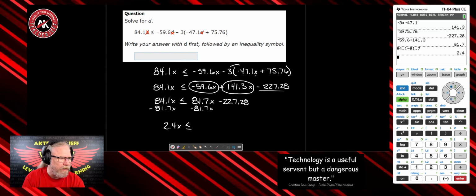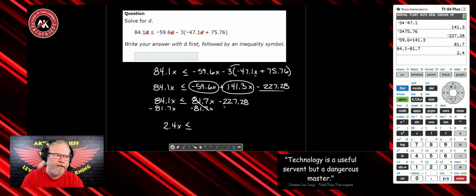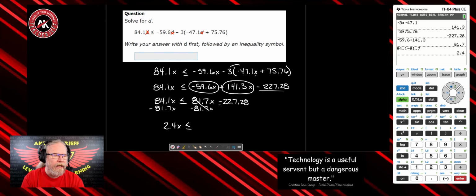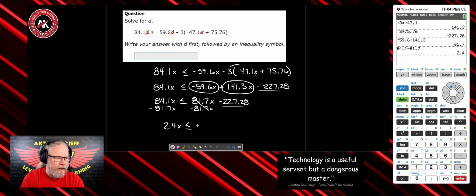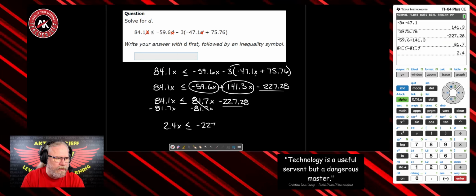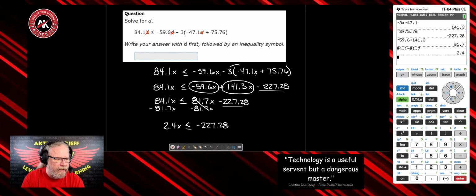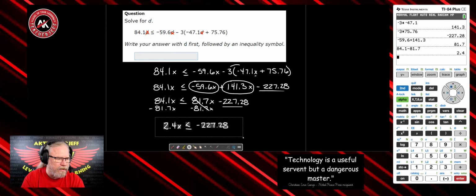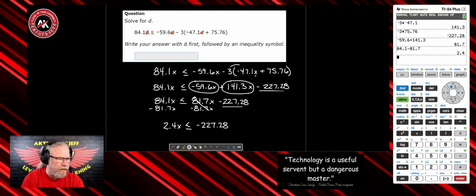Bring our sign down. The positive and negative 81.7 are going to cancel each other. And now I need to bring down my negative 227.28.